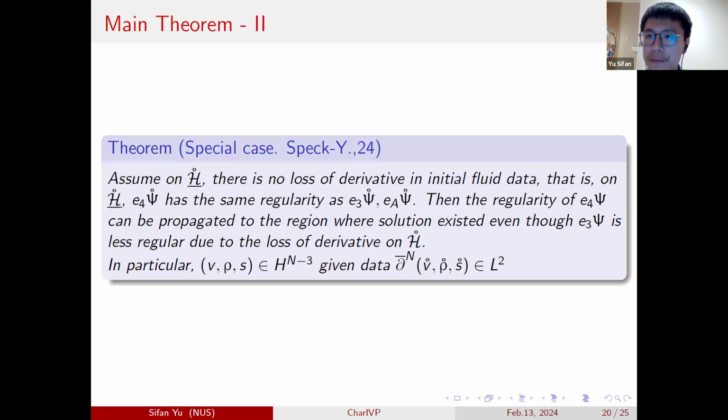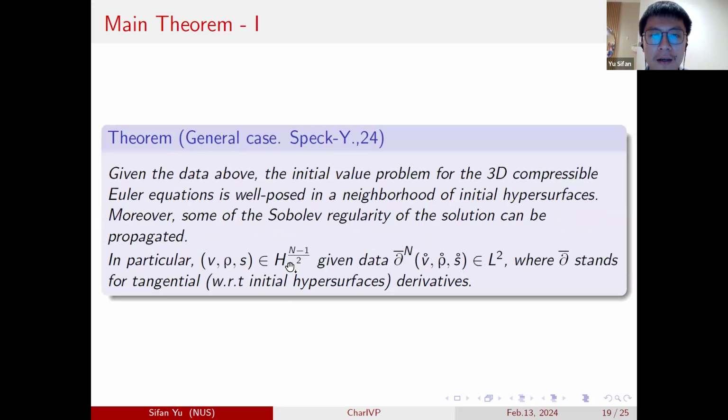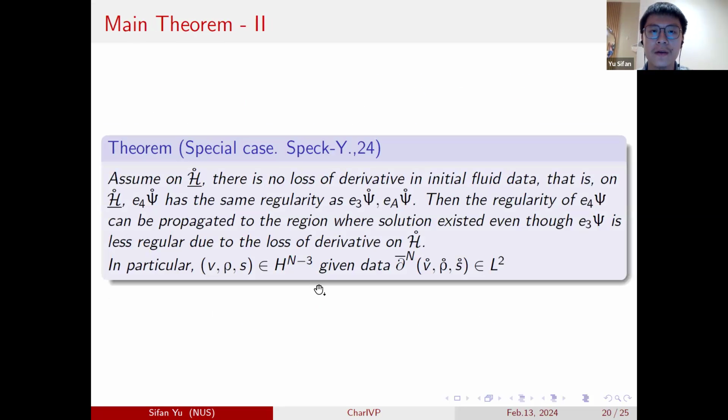Compared to the previous solution, it is much better because you remove the denominator 2 here. So this theorem tells you that even though some direction of derivatives of the solution is bad, you can still propagate the rest of the derivatives of the solution. That's very close to what happens in shock formation.